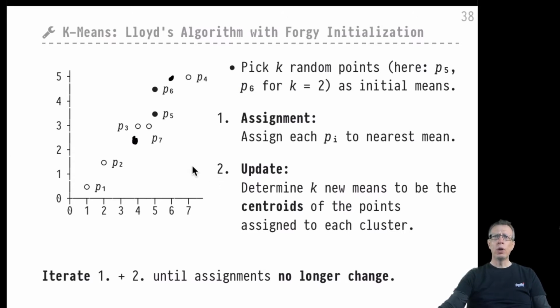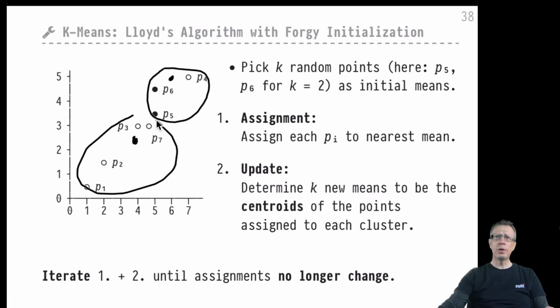In this particular setup, this will probably mean that these points are forming one cluster and these points are forming one cluster. Then we would again proceed to compute new means and so forth. The new mean will probably lie somewhere here for this cluster and somewhere here for this cluster, and so on.